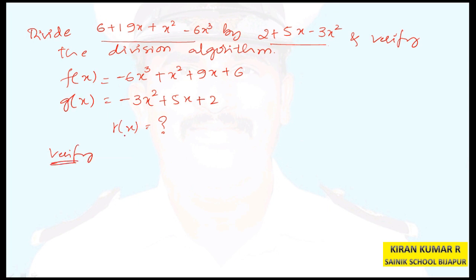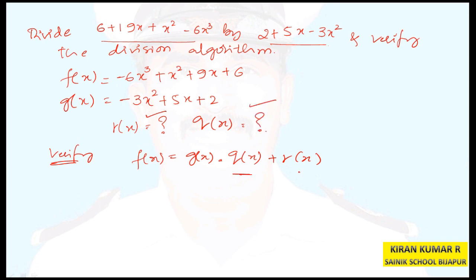How do we verify that? So f of x equal to g of x into q of x plus r of x. We will be getting some quotient here. This quotient and the remainder are to be substituted here. If LHS and RHS become equal, then it is verified.